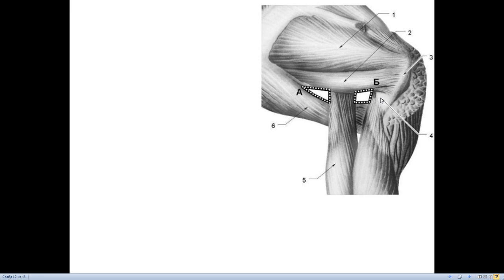The third group is the lateral lymphatic nodes, nodi lymphatici laterales. They rest near the lateral wall of the axillary fossa and collect the lymph from the upper limb and mammary gland. This is the third time mammary gland.